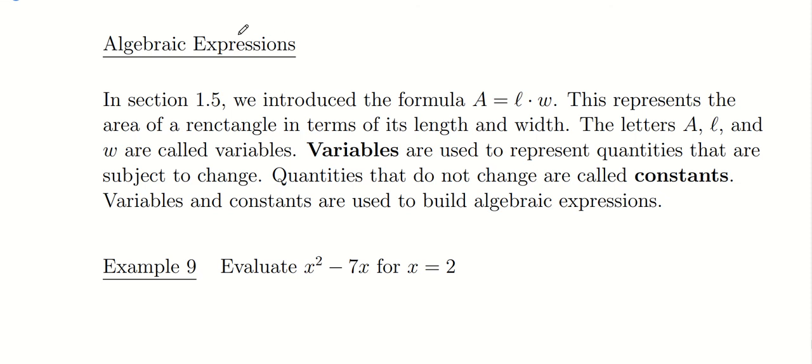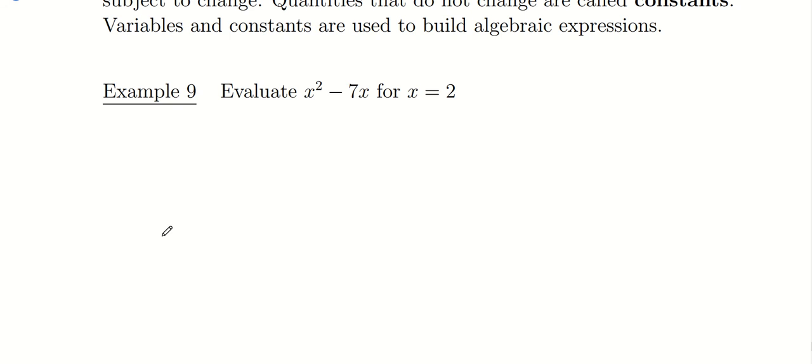The next step we're going to talk about is that of algebraic expressions. Typically, there's two roles that algebraic expressions play. They can either be used to represent an unknown quantity in an equation, or they can be used to represent a quantity that varies as a certain variable changes. One of the most important skill sets we want to develop is the ability to evaluate the variables for a certain particular real number value.